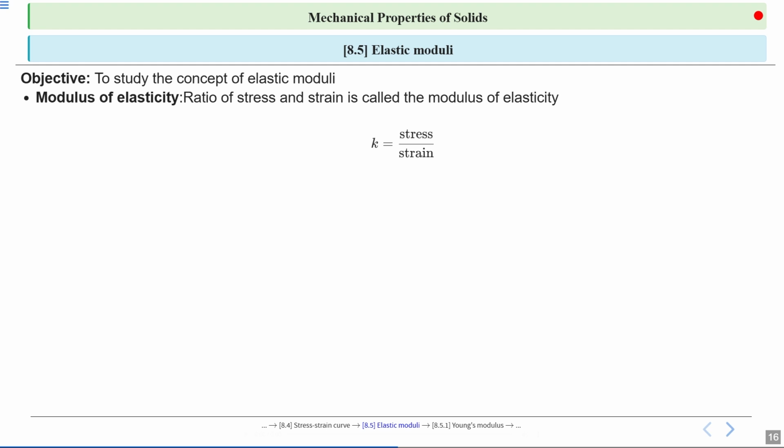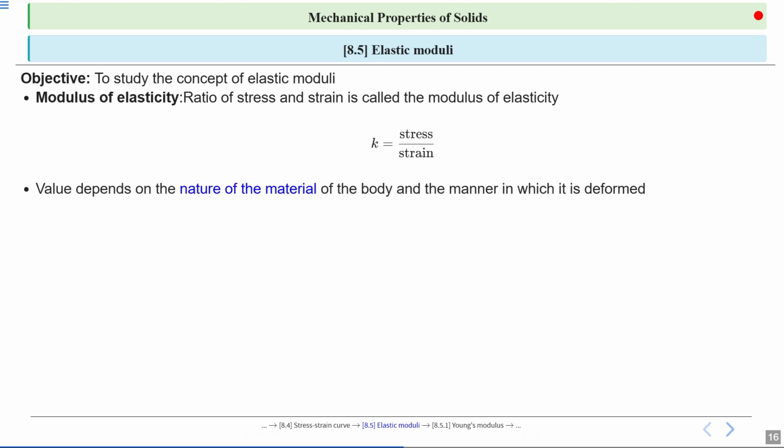So modulus of elasticity, often written as K, tells us how stiff or flexible a material is. So K is equal to stress upon strain. The value of modulus of elasticity depends on the nature of the material and how it's being deformed.